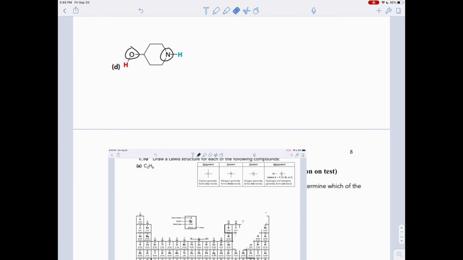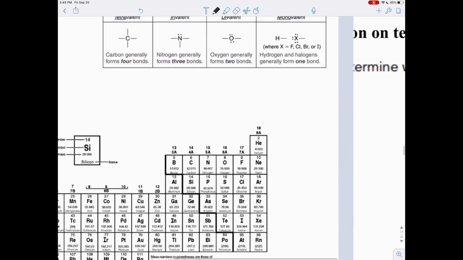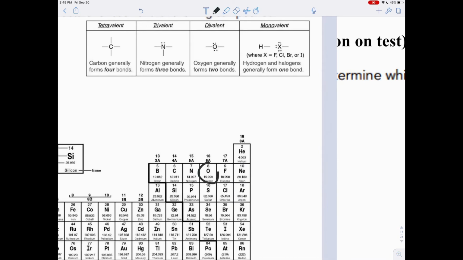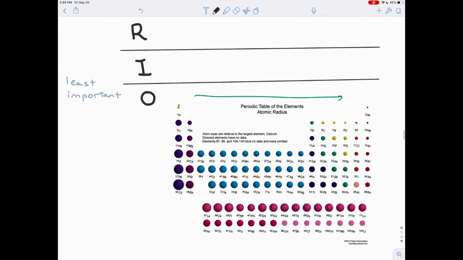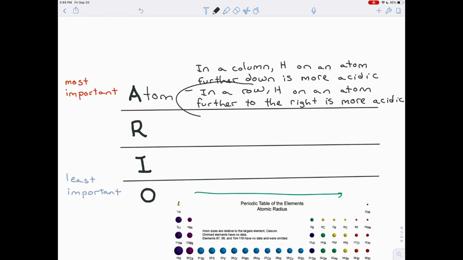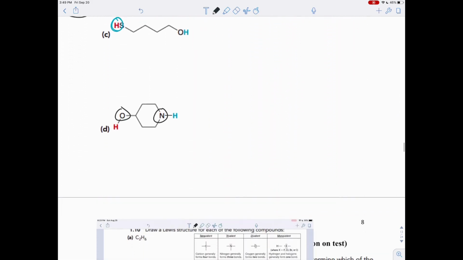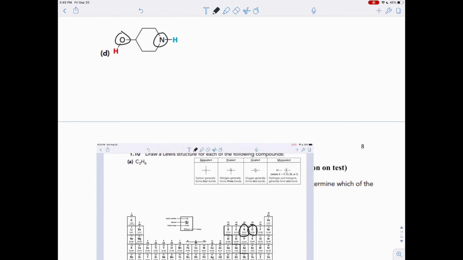So we'd go to the periodic table, we'd look for those. Nitrogen and oxygen are in the same row. Our rule was, if two atoms are in the same row, the hydrogen on the atom further to the right is more acidic. So which is further to the right? Oxygen. So the red hydrogen will be more acidic.